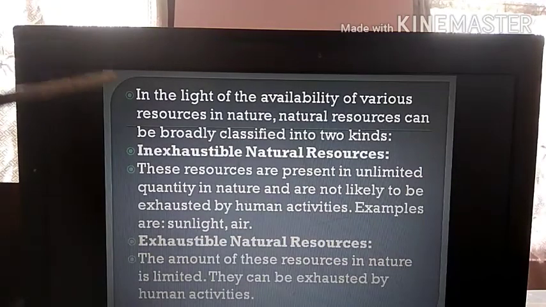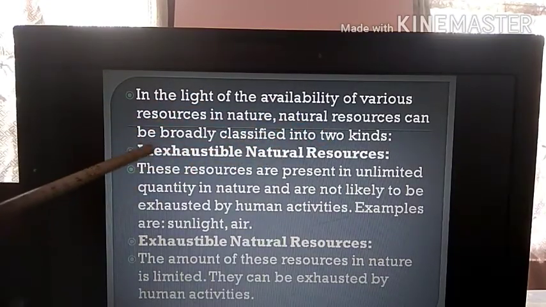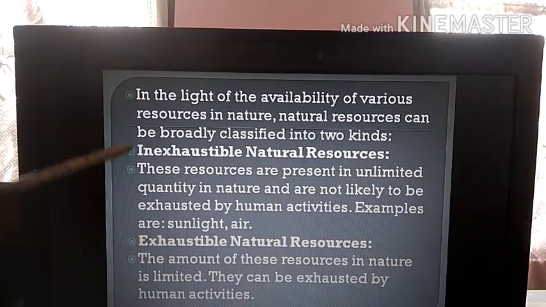In the light of the availability of various resources in nature, natural resources can be broadly classified into two kinds. Number one is inexhaustible natural resources.